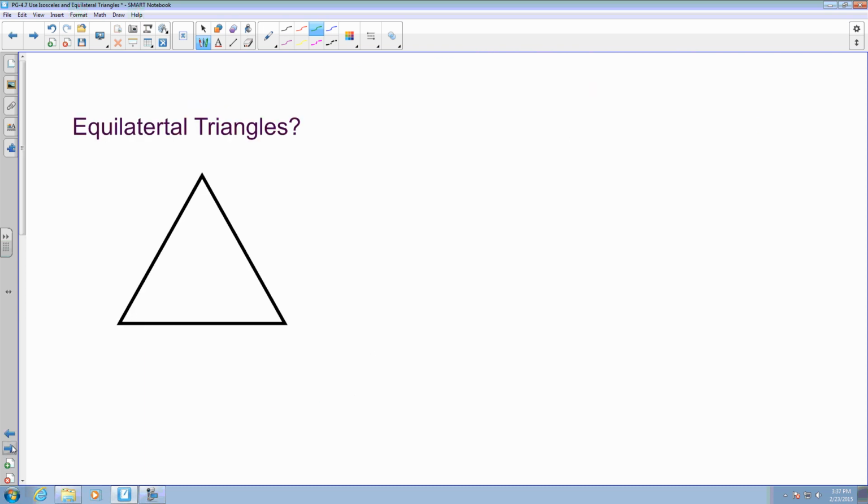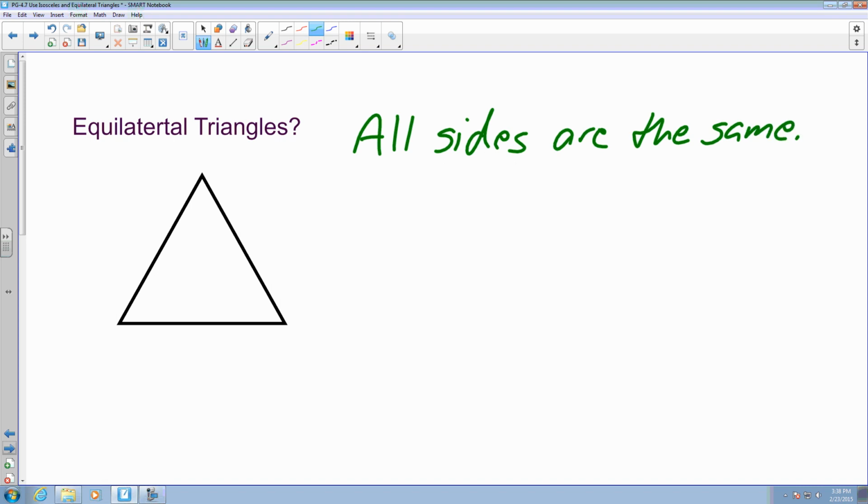Now, what about equilateral triangles? Equilateral triangles, by definition, by the characteristics of their sides, means that all sides are the same. Just like this.